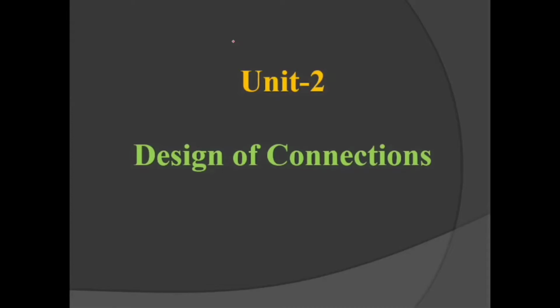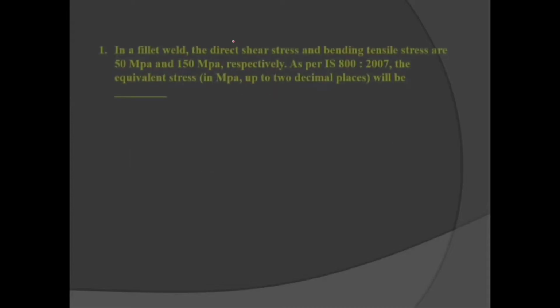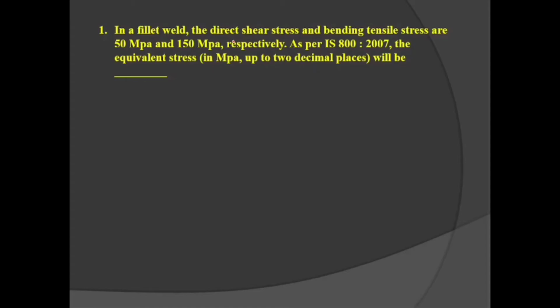So our first question is, in a fillet weld, the direct shear stress and bending tensile stresses are 50 megapascal and 150 megapascal respectively. As per IS 800 2007, the equivalent stress, as we know, my dear students, the resultant stress in this particular situation, Fr, is equal to the square root of sigma square plus 3 times tau square.